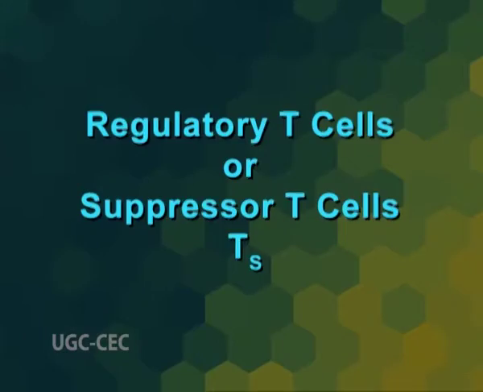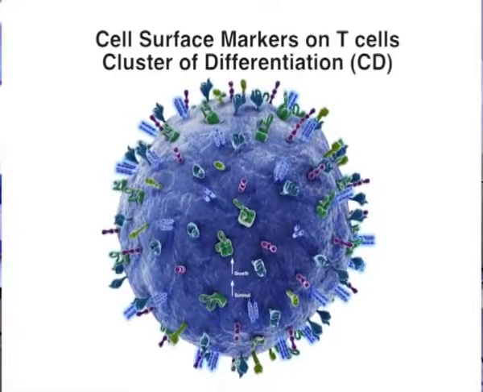Regulatory T cells. These cells are known to regulate the activity of T cells. They are known to suppress the immune response if self surfaces are recognized. Therefore, it prevents autoimmunity. T cell types are morphologically similar, but they can be differentiated on the basis of surface markers.